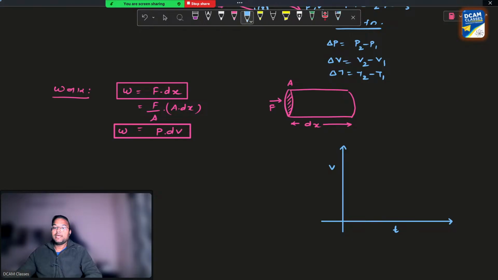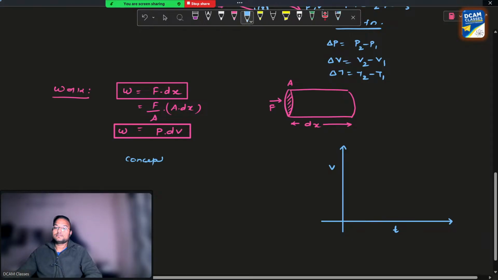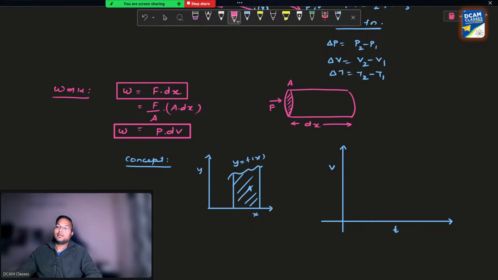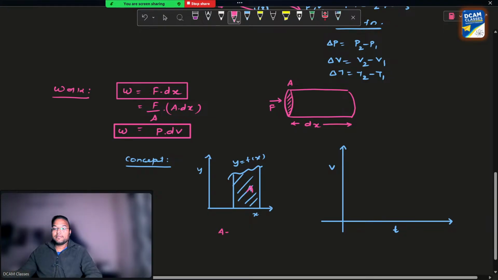How do we know it? Because we have a concept that, if you remember, I told you, whenever there is a curve like this, it's y is equal to f of x. This is x-axis, this is y-axis. Then area under that curve, this area is given by A is equal to integral y dx from x1 to x2.